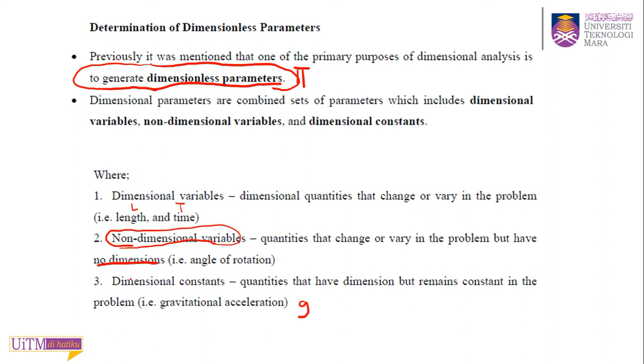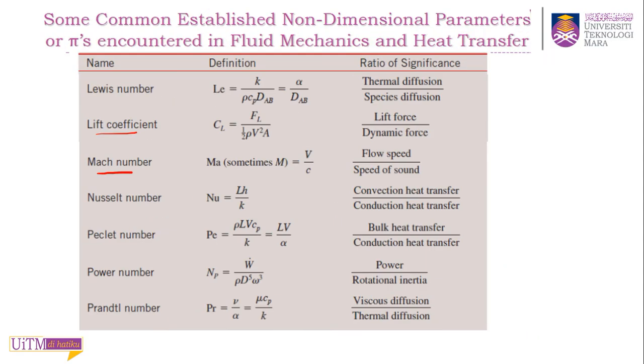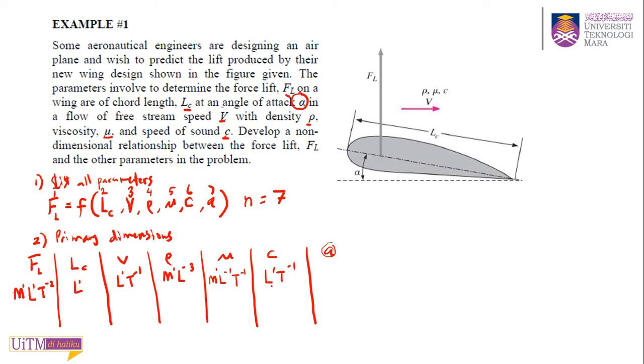So there is no dimension for angle. It's just a number, with no dimension, like 60 or whatever. So there's no primary dimension for angle of attack.